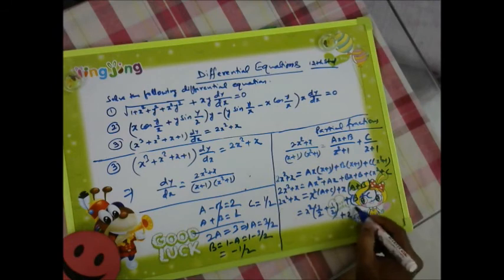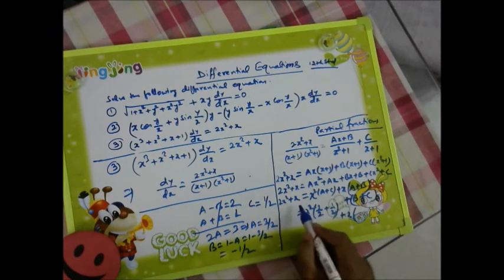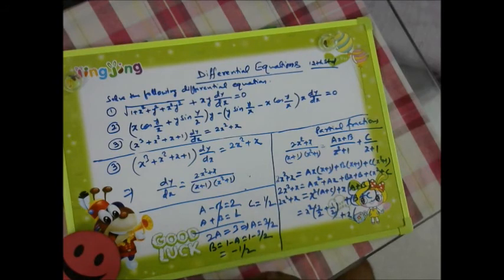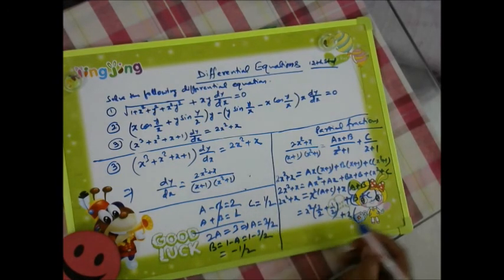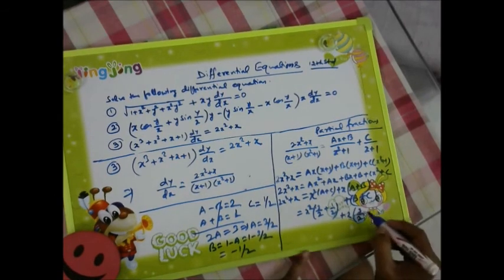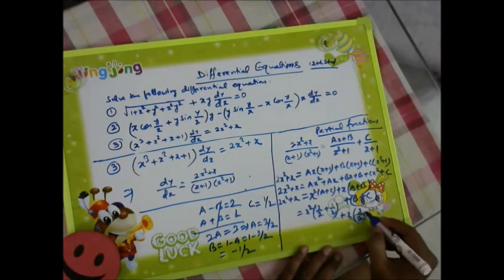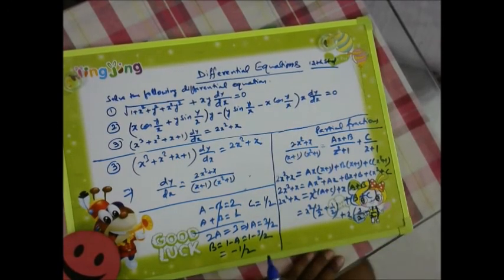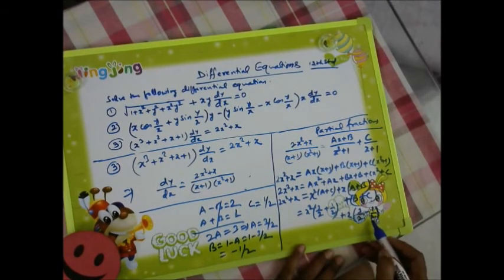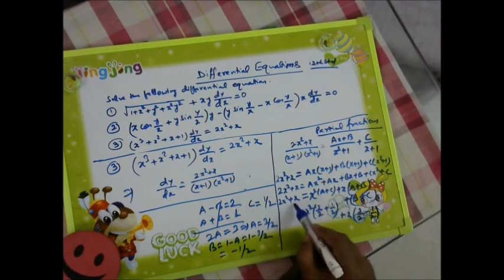Plus x into a plus b, so what should it come? It should come as 1. So a is 3 by 2, and b is what? Minus 1 by 2. So 3 minus 1, so 2 by 2. 2 by 2 is giving 1, so coefficient is 1.